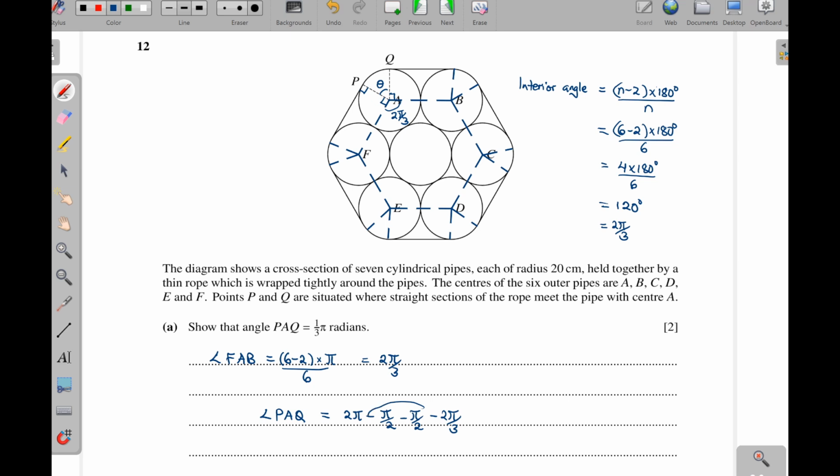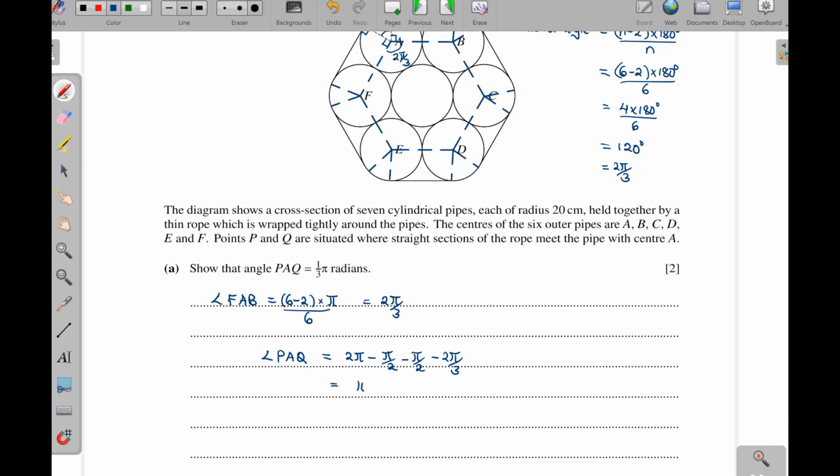Now, 90 and 90, that is 180. So 2 pi minus pi, that will be a pi, not so? So we have pi minus 2 pi over 3. So you have 3 pi minus 2 pi, that one will be pi over 3. As simple as that. And that is what they wanted us to find.